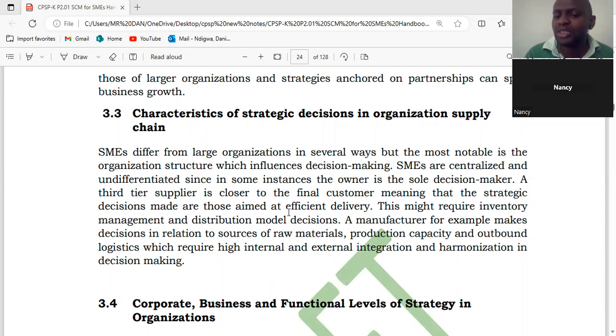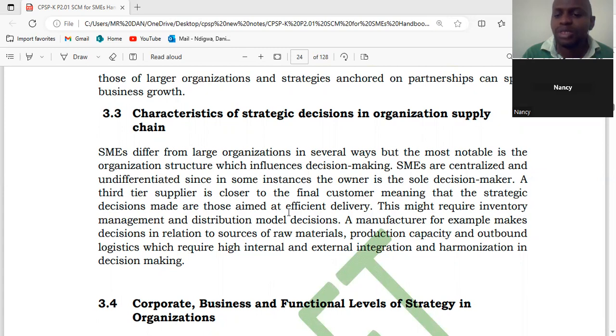But when you look at large organizations, their decisions are structured. They have a well-structured organization structure, which makes them to at least have a better way of making decisions.